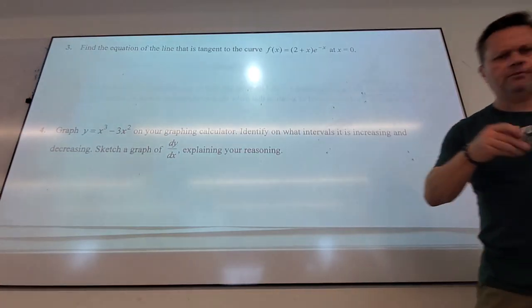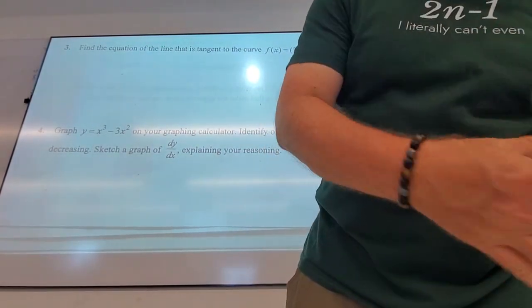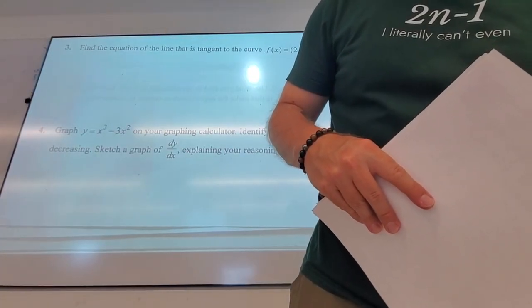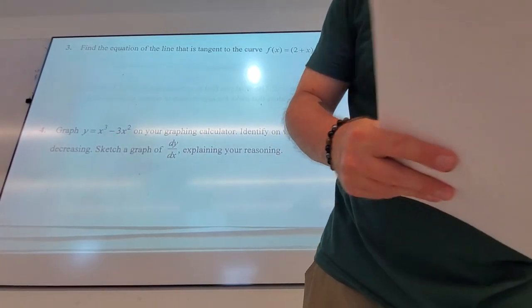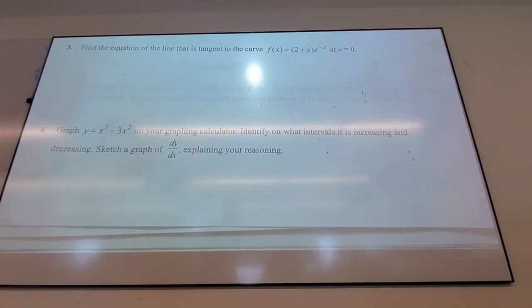I can't remember now. What did I put on the... This is number 4? Yeah. Oh, I did. I put a repeat from test 1. Okay. Let me give you the answer key. Might as well.